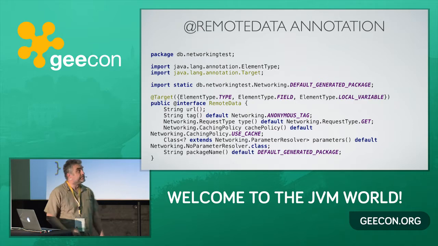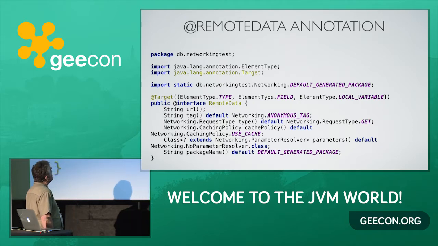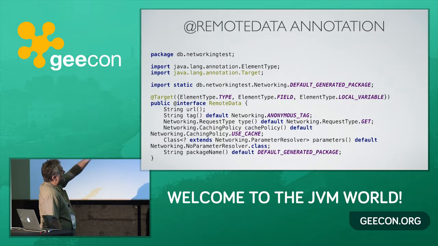So this is the declaration or definition of that runtime variable of that remote data annotation. You can see it's a little bit of code. Hopefully it's at least a little bit readable. There is a URL, the tag we've been talking about. There is a default value for the tag, so you don't have to provide it.